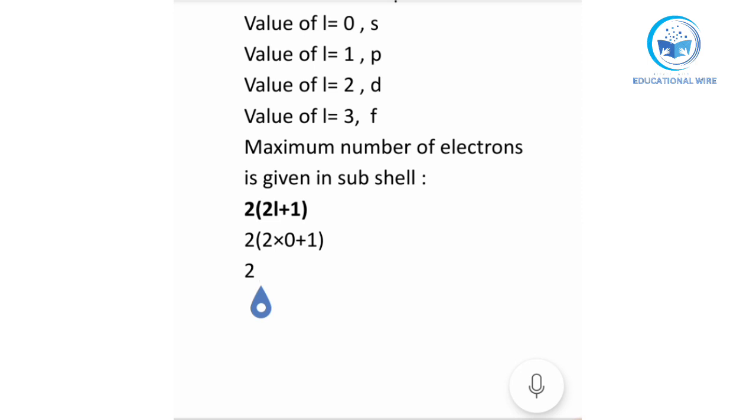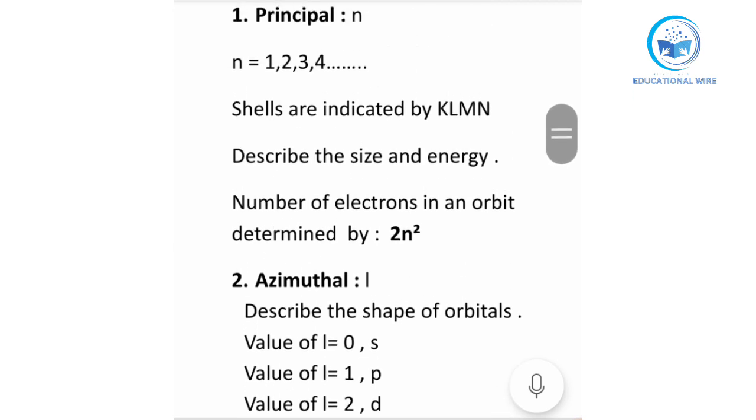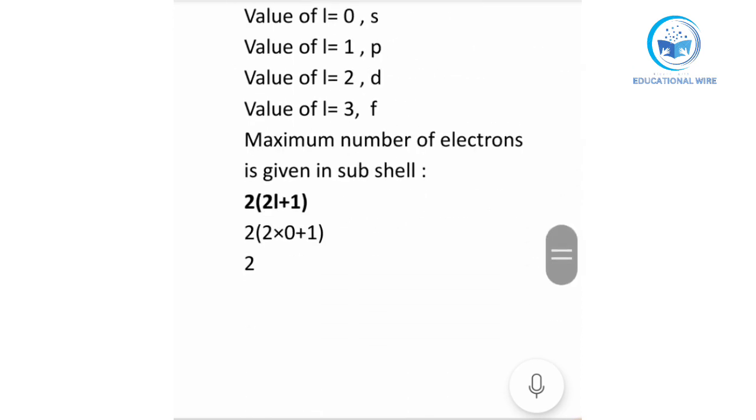After that there is one more method to find subshells. We have the shells K, L, M, N. Now how should we know how many subshells are there in K, and how many in L?